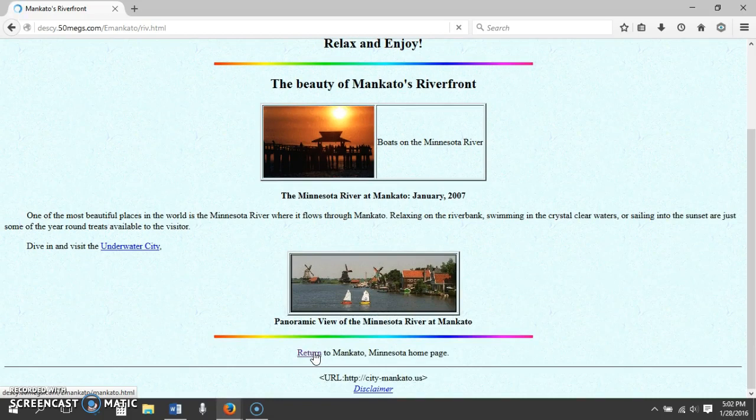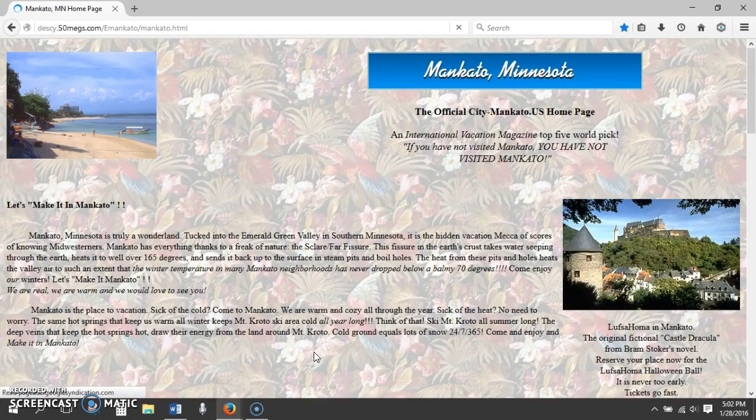There is a link to go back. So the links are operational. Can I read the information without a lot of difficulty? Yes, I can, but I still have a lot of questions about Mankato, Minnesota. On my to-do list for the future, I would need to look up another website and maybe some books about Mankato to see if this information is even correct.